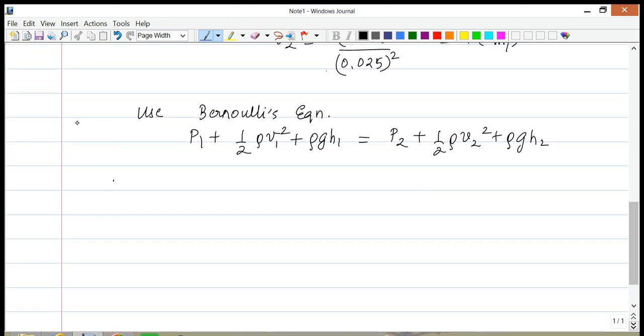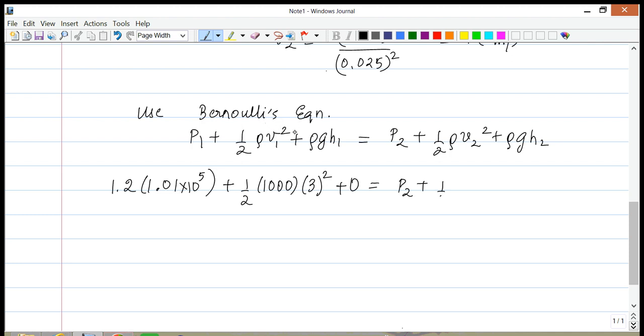First of all, the pressure on the one side is 1.2 atmosphere, so this is 1.2 times 1.01 times 10 to the 5, plus 1/2 times, let's say it's all water, so it's 1000 times V1 squared, and the V on the left hand side is 3, plus 0 for this term, plus P2 plus 1/2 times 1000 times 12 squared plus 0 again for this, because the height is the same, so we don't have to worry about it.